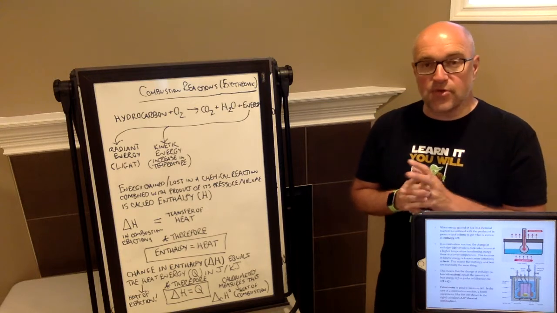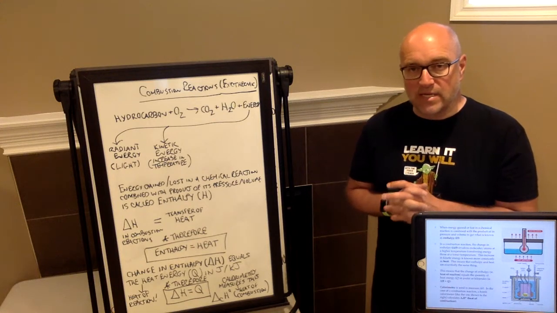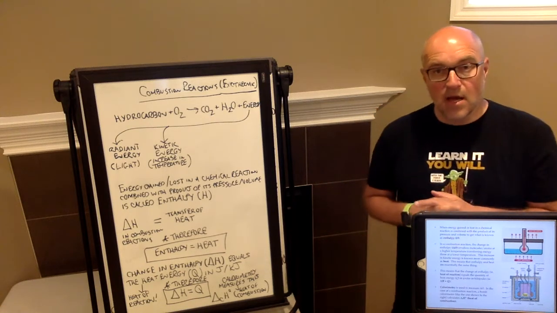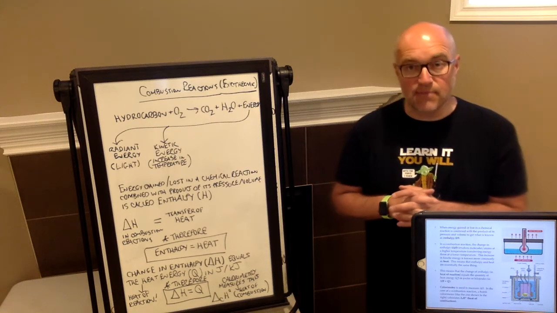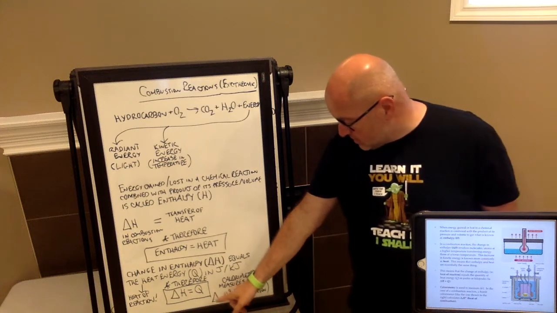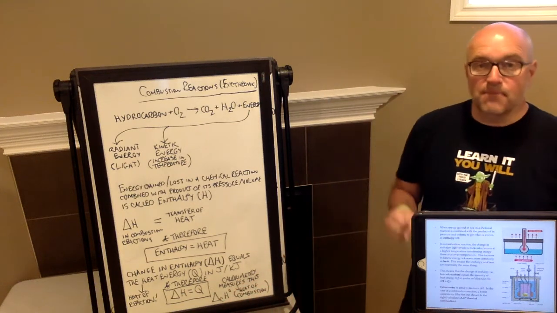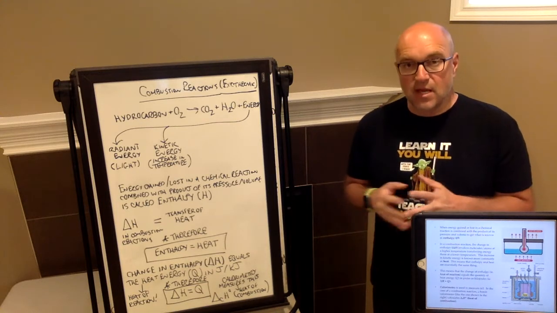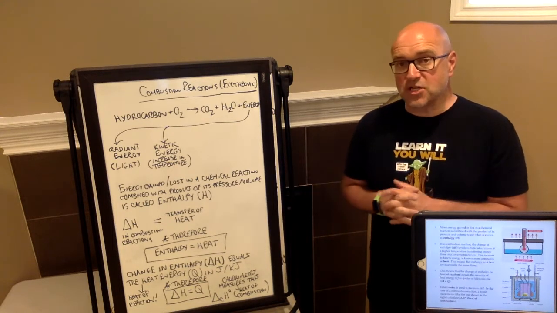You can use these to calculate something called the delta CH prime, otherwise known as the heat of combustion. This symbol, delta CH prime, refers to the heat of combustion, the amount of heat that the combustion reaction is producing.